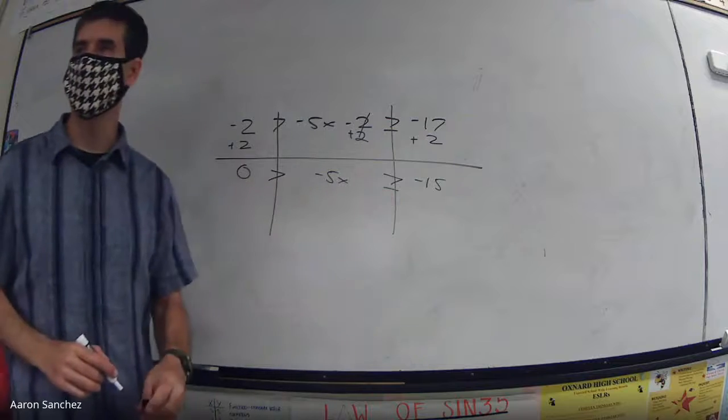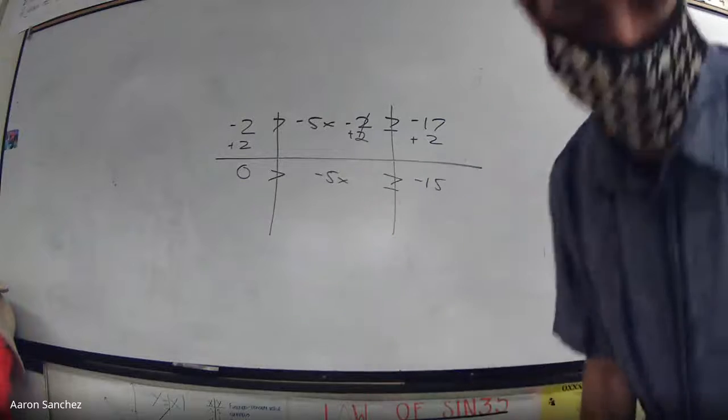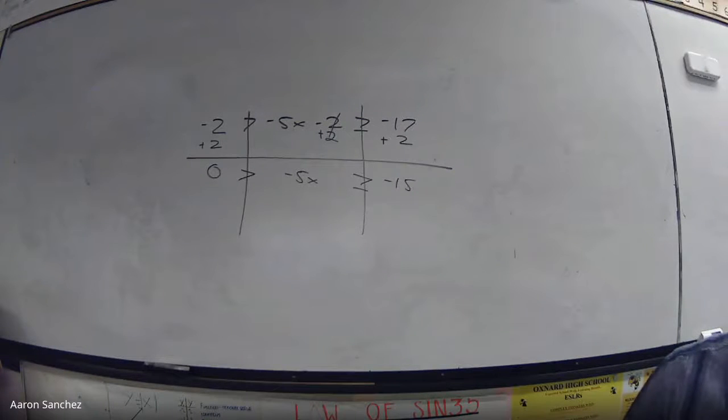I added 2 on both sides. Okay, now, how do I get rid of that negative 5?